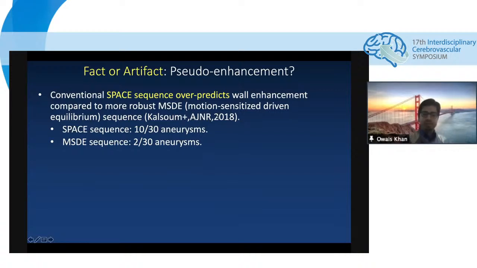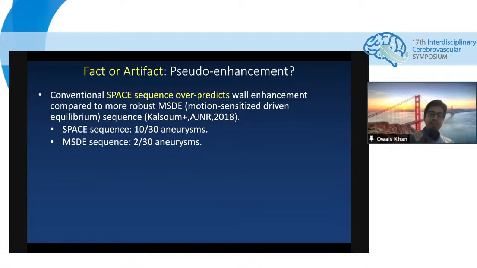This was published by Kulsum in AJNR, who compared about 30 aneurysms. From the SPACE sequence, we were able to pick up 10 aneurysms that showed wall enhancement out of 30, whereas when we used the MSDE sequence, there were only 2 aneurysms that showed wall enhancement out of 30.